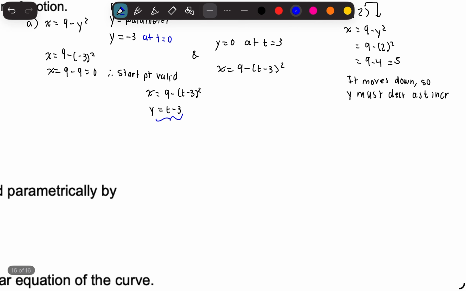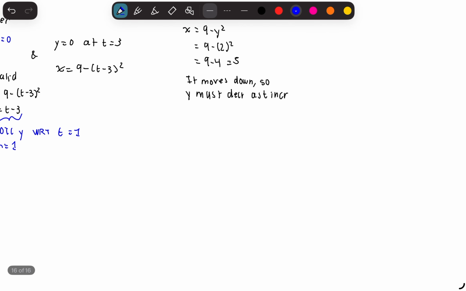So that means that the rate of change of y with respect to t is equal to 1, aka your m is equal to 1, your slope. So that means that here you can say x is equal to 9 minus (2 minus 2t) squared. Y is equal to 2 minus 2t.